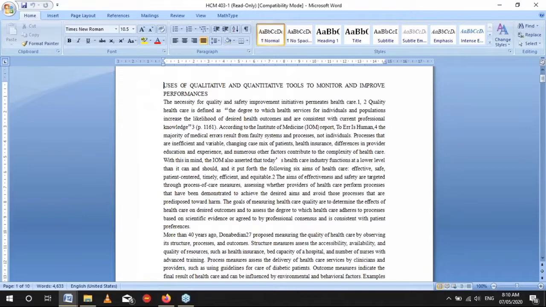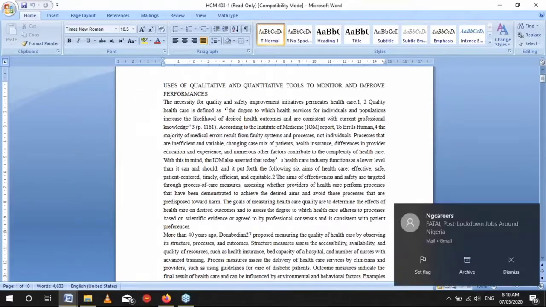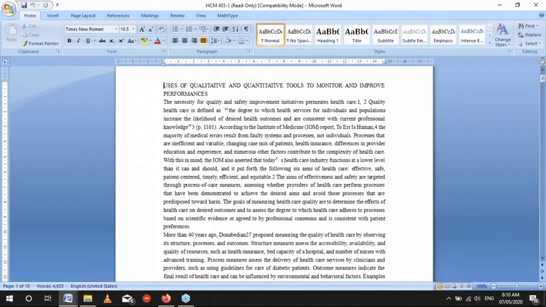Number four, you have to make sure that teams have easy access to the relevant variations.